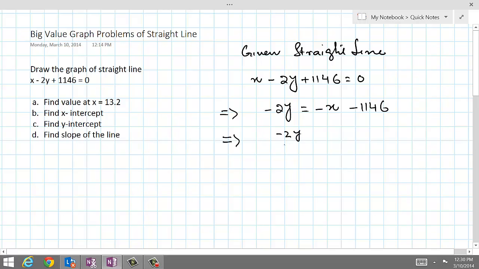So let's divide both sides by minus 2. Minus 2y over minus 2 equal to minus x minus 1146 over minus 2.